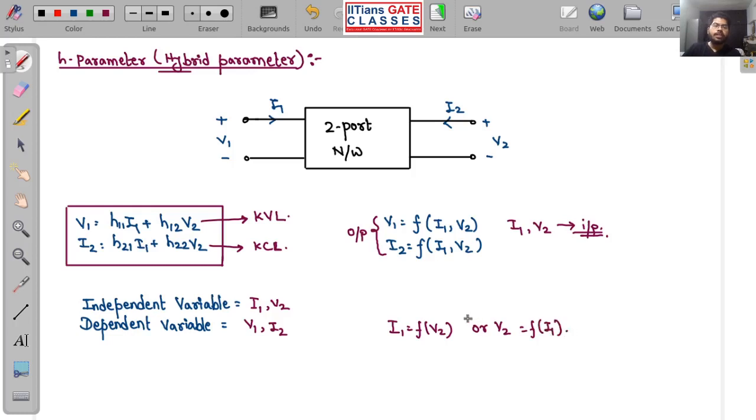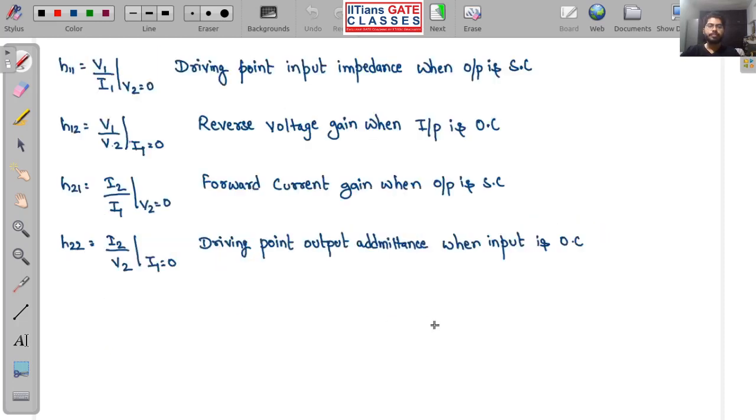At that place the H parameter will cease to exist. The H parameter will not exist in such cases where the input current has a direct relationship with the output voltage. So remember this point.